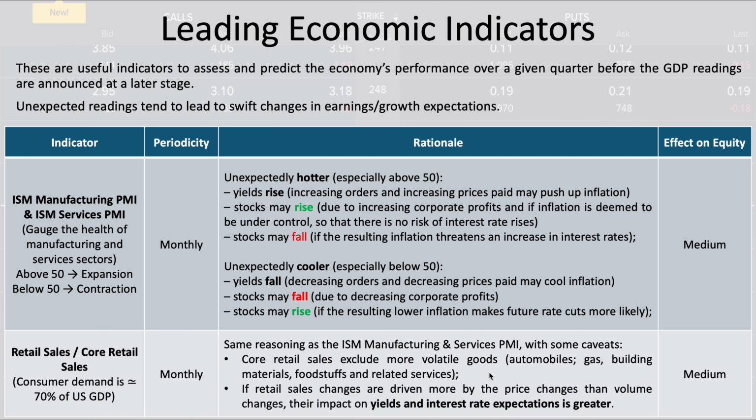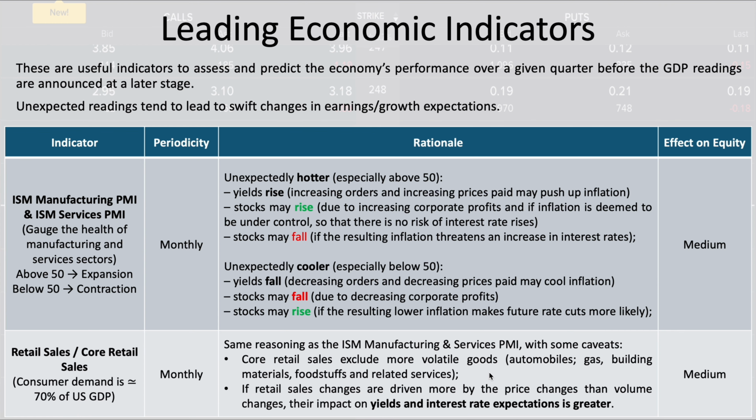But if, even though there is a contraction, the reading is still a healthy one, especially if it is cooler but still around 50, stocks may rise because that means that there's less pressure on inflation, and that makes future rate cuts more likely.